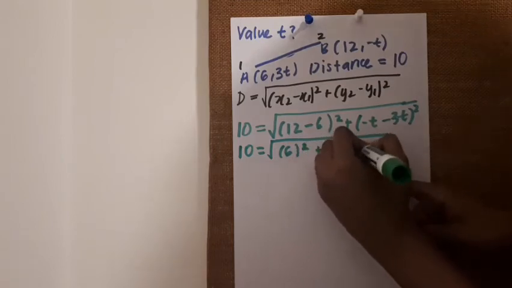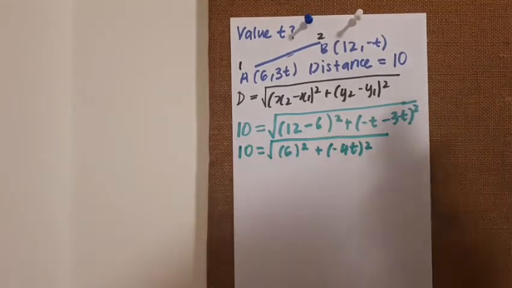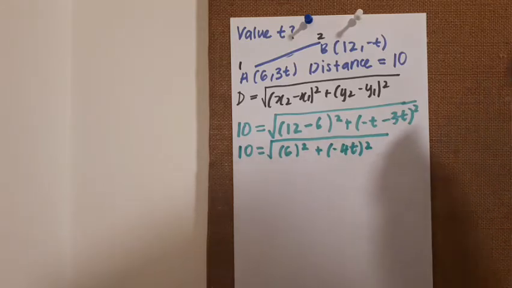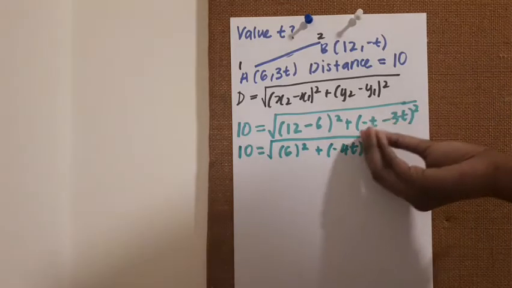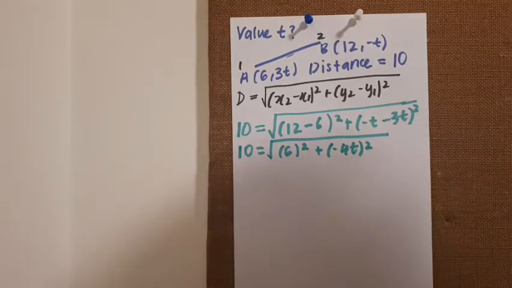Again, if you don't know how to do this, you have to go back to your basics, which is in Form 3 if I'm not mistaken. You have to understand how to calculate this type of negative and positive related stuff.